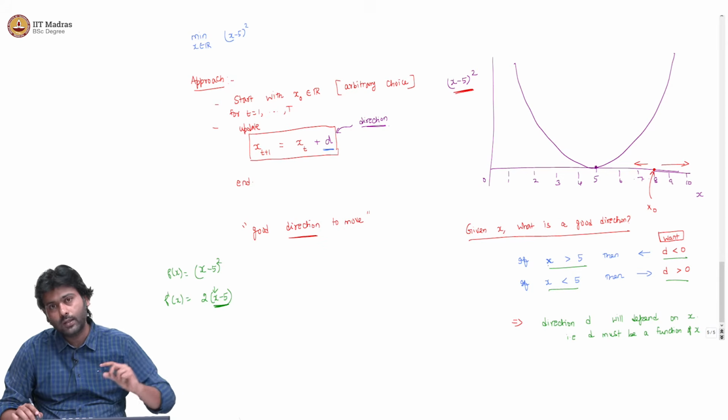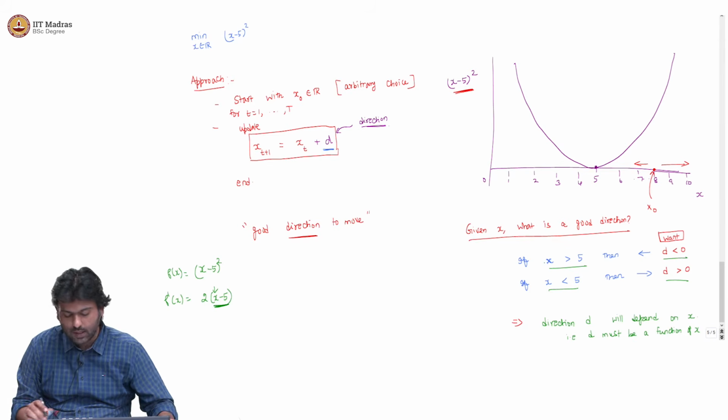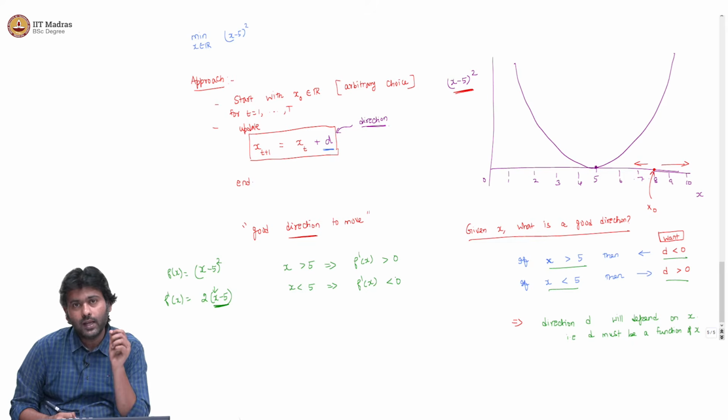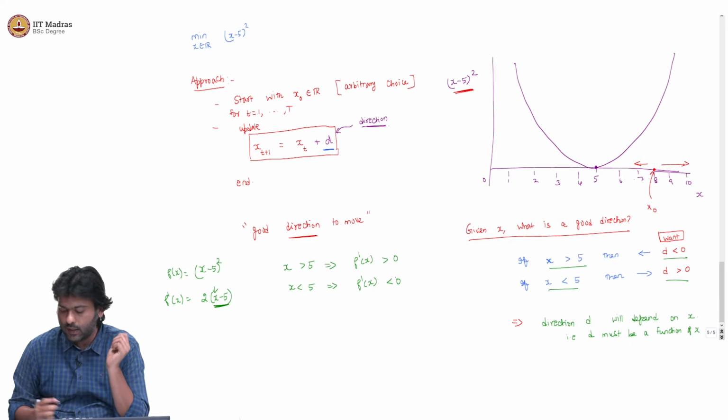Which does not quite do the job for us, right. What we want is the opposite of this. If x is greater than 5, what we have found now is f dash of x is also greater than 0, and if x is less than 5, f dash of x is less than 0. On the other hand, what we really want is that if x is greater than 5, we want d to be less than 0, and if x is less than 5, we want d to be greater than 0.